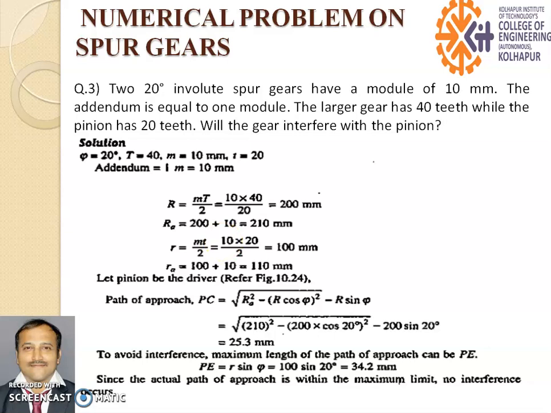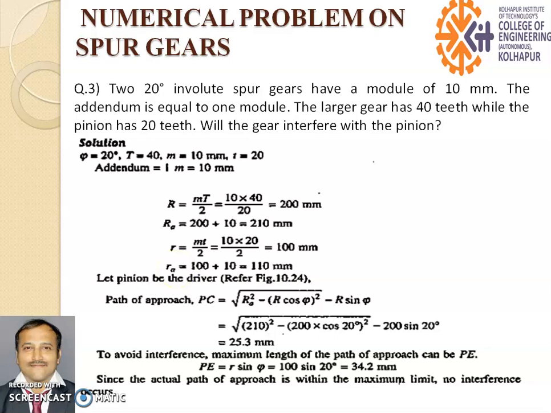Similarly, capital RA is equal to 210 mm. Small r, the radius, is equal to m into small t divided by 2, so small r is equal to 100 mm. Similarly, the radius of addendum circle for pinion is 110 mm.